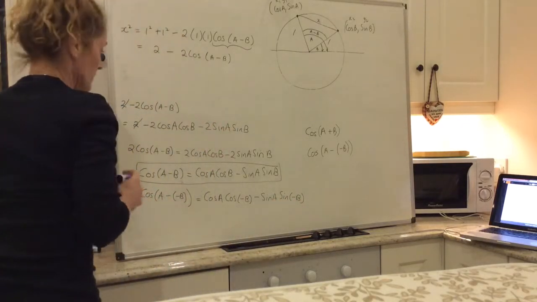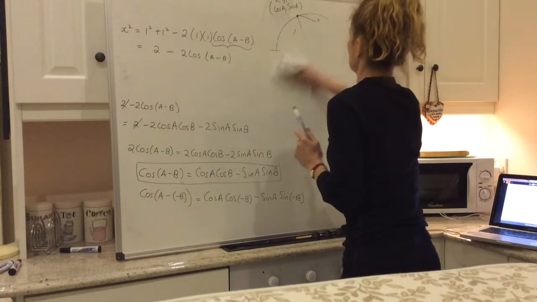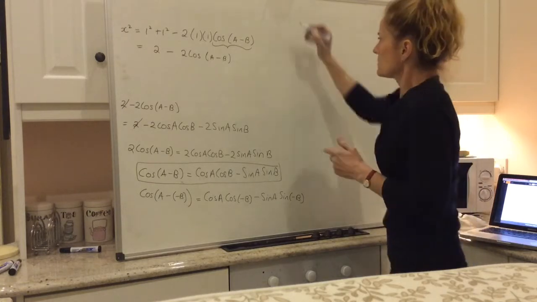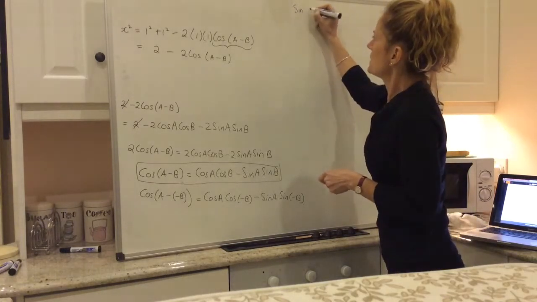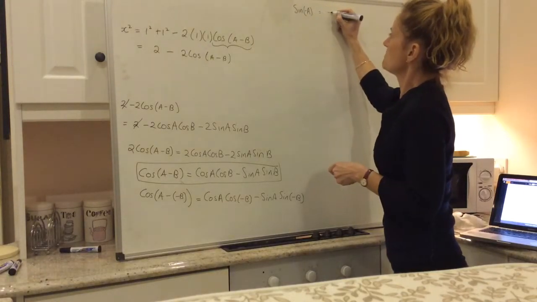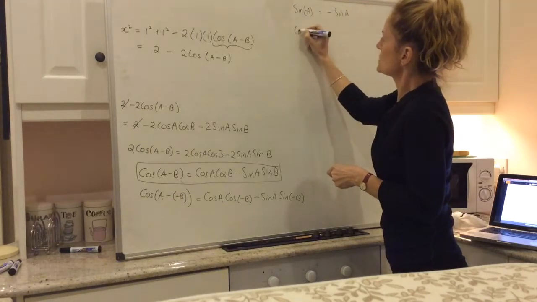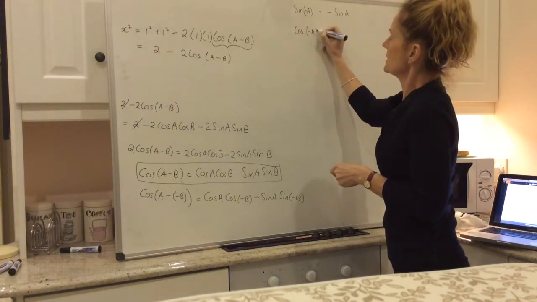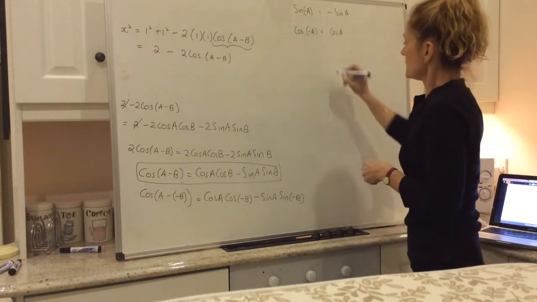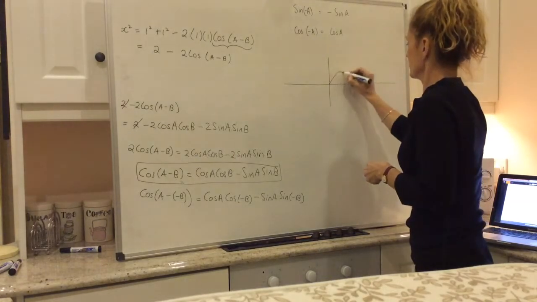Now that leads me to another very important fact, which we may have mentioned before, but just in case we haven't. It is written in your log tables anyway. The sine of minus A is actually minus the sine of A, and the cosine of minus A is actually just the same as the cosine of A. One way to look at that is if I draw the sine graph.